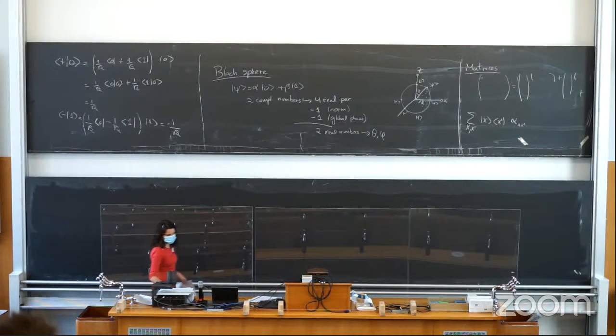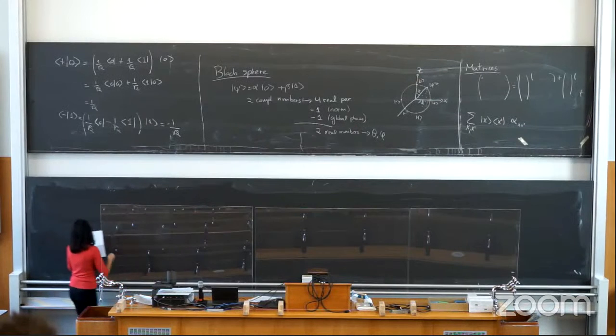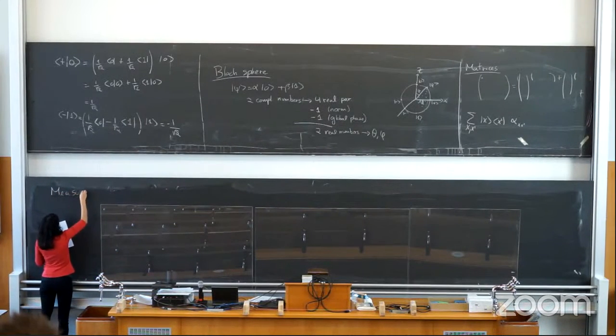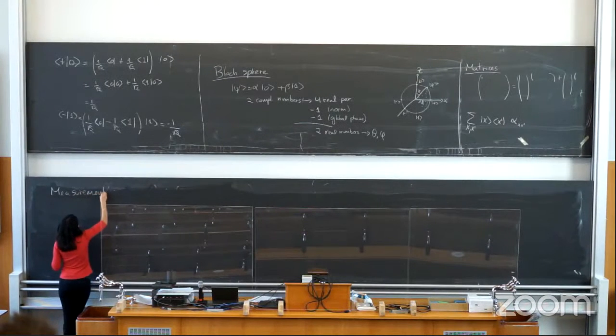So suppose we want to measure, for example, we have a particle and we have a continuous degree of freedom, and we say this represents a position. Okay, and now I want to measure the position of the particle. Let's talk first about the very ideal case.